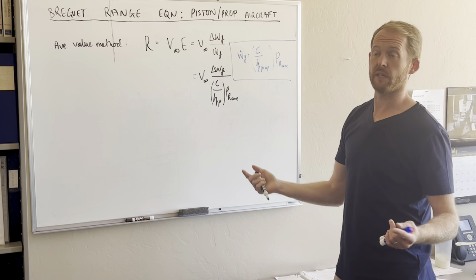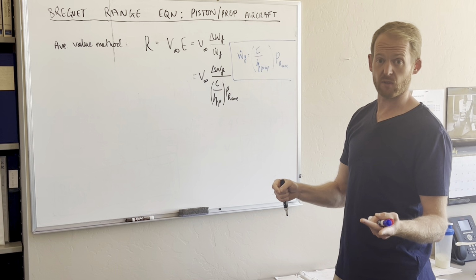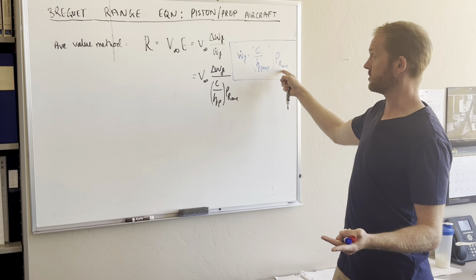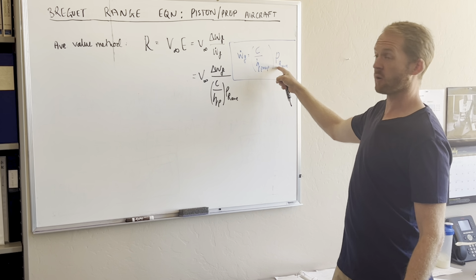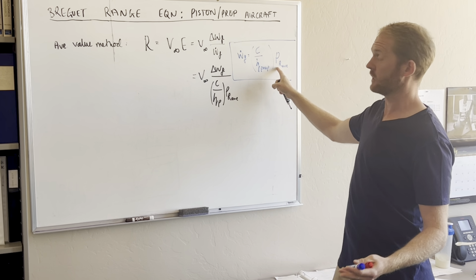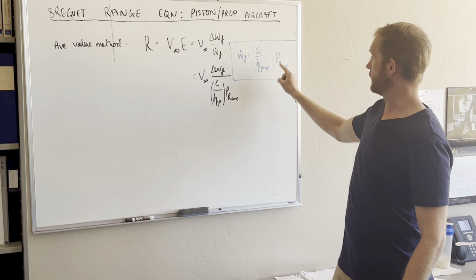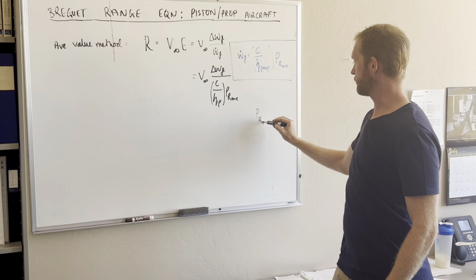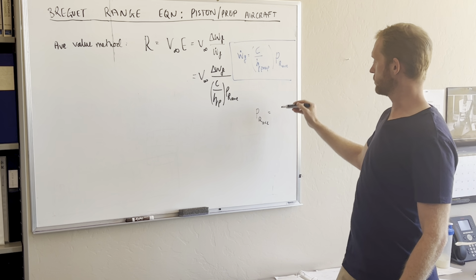And if power is force multiplied by velocity, our force in this case is drag, because this is the power required to overcome the drag. So PR average is just force times velocity.